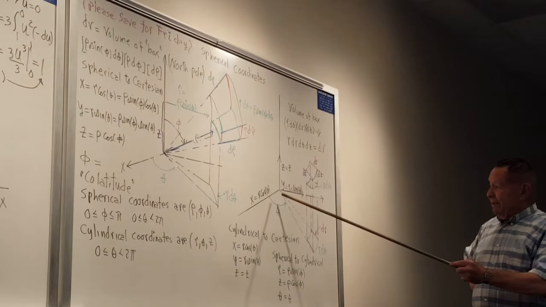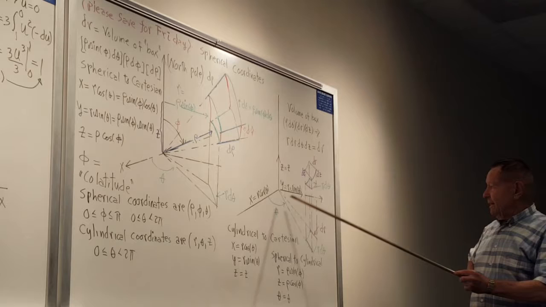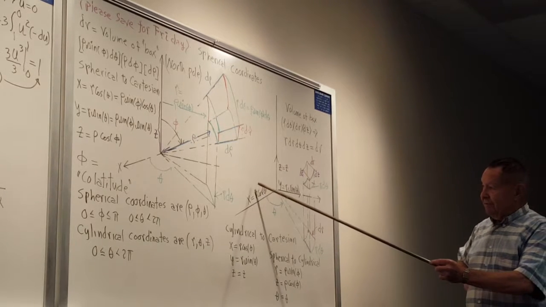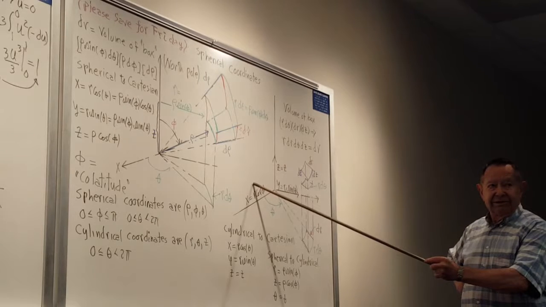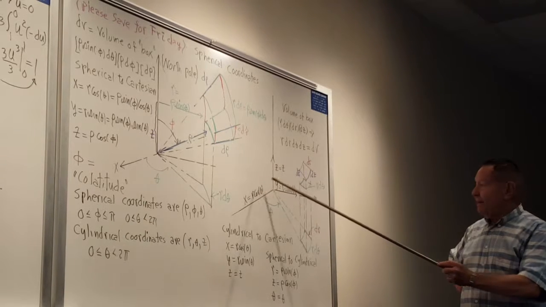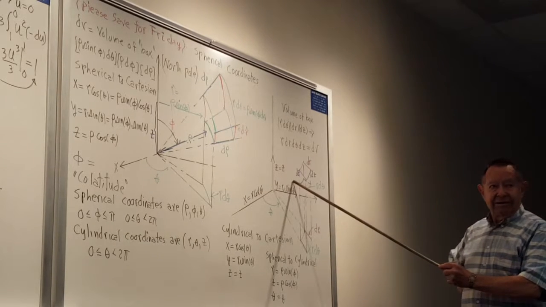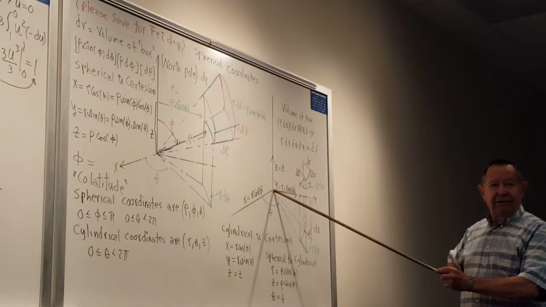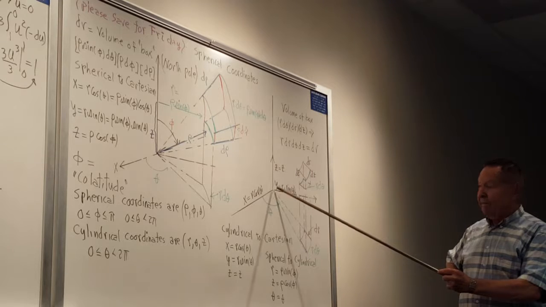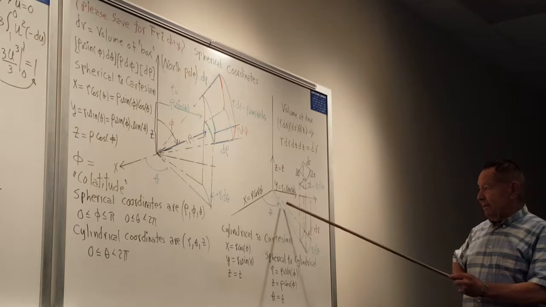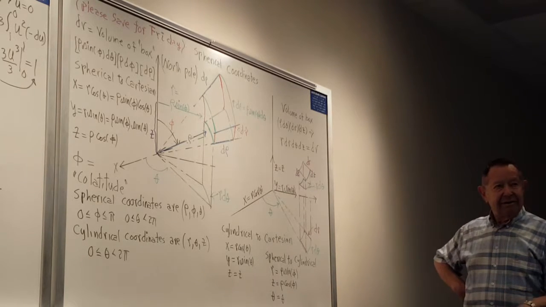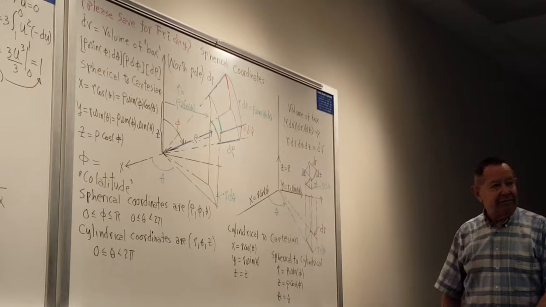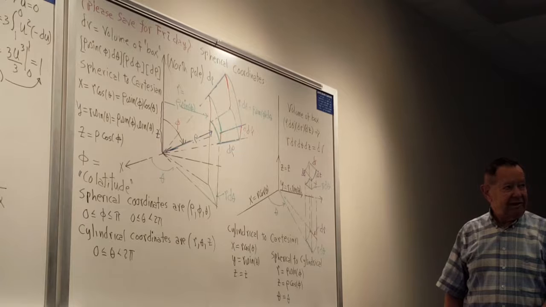So, again, your XY plane now is down here, of course. And as in polar coordinates, x is r cosine theta, and y is r sine theta. You take the pole at the origin, which would be here, and you're coming out from the origin, that would be the r, and moving around from the x-axis would be the theta.